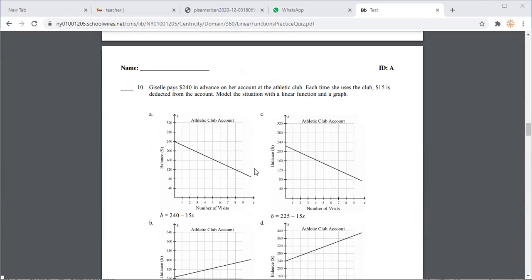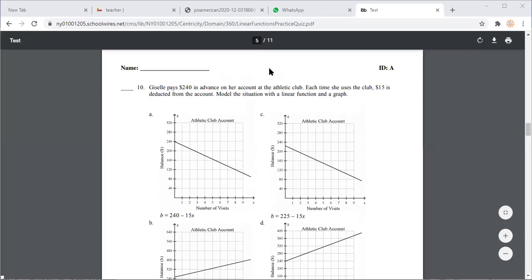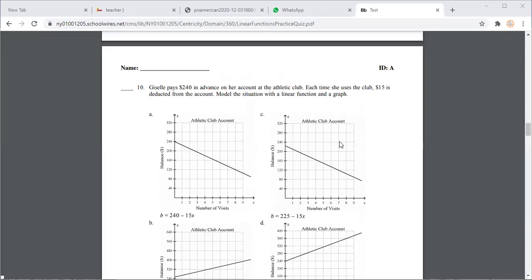Now let's go back to the word problems or situation problems. Please concentrate, and we want to find the answer. Read the question, and if you can find the answer, please raise your hand. Sylvie paid $240 in advance on her account at the athletic club.